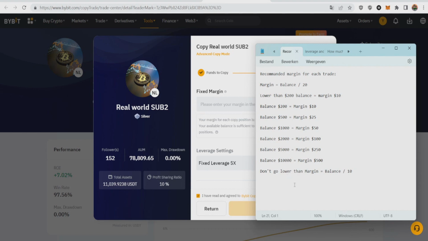So don't do this, where you can only open 3-4 trades. You need at least 10, guys. The reason why is usually the master trader opens like 5, 6, 7 trades at the same time, and the profits are calculated by the average of the trades. Usually the first 2 trades are the worst and the last 2 are the best, so they even out the profit.